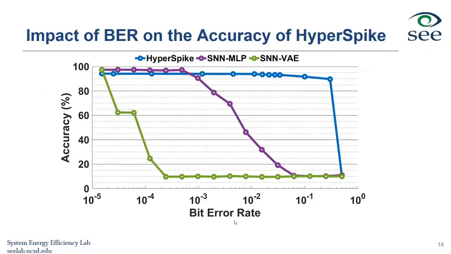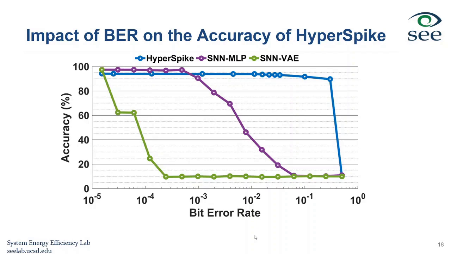Here we see the impact of bit error rates on the accuracy of the models. We have 3 models that we compare to: HyperSpike, a baseline SNN with an MLP classifier, and an SNN with a VAE classifier, where VAE is a variational autoencoder. As the results show, HyperSpike is able to achieve similar accuracy to the other models when there are essentially no bit errors.